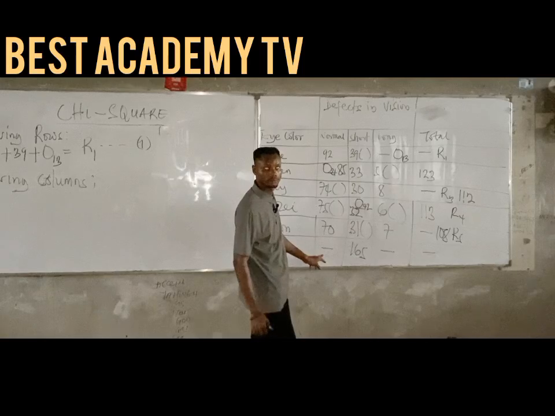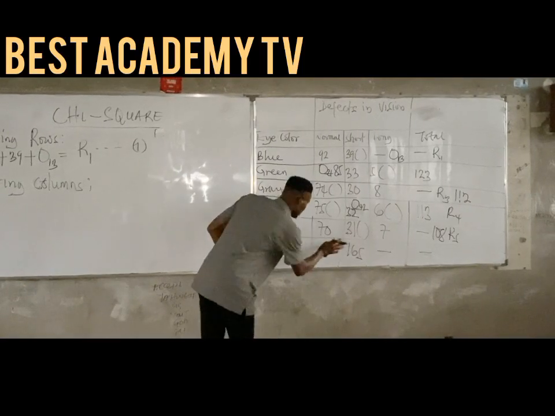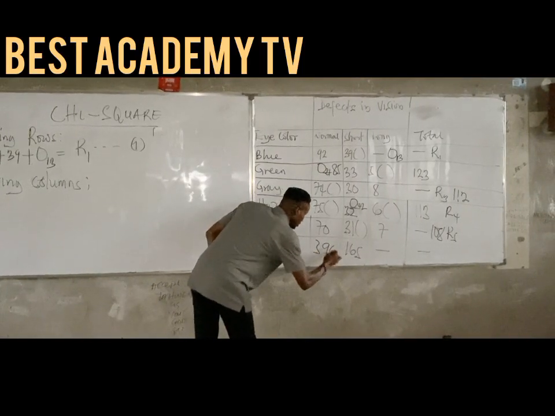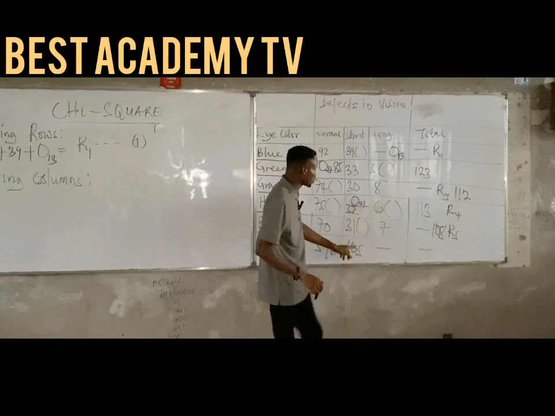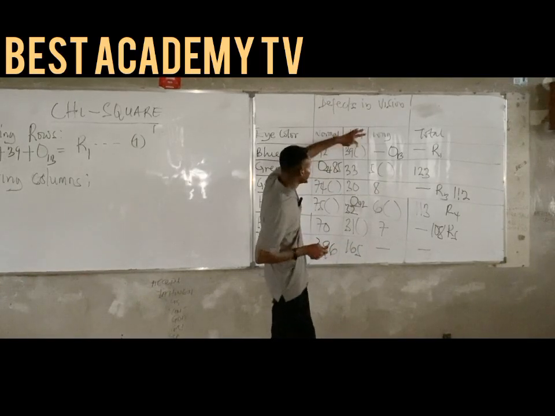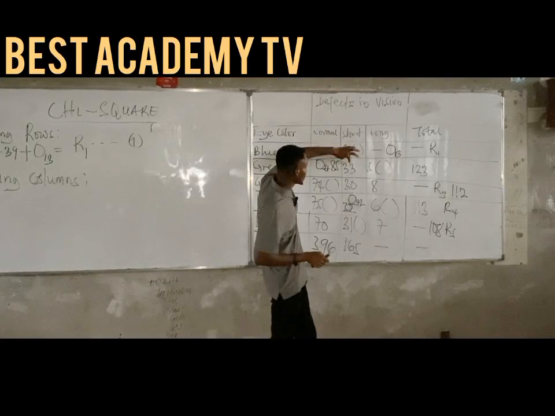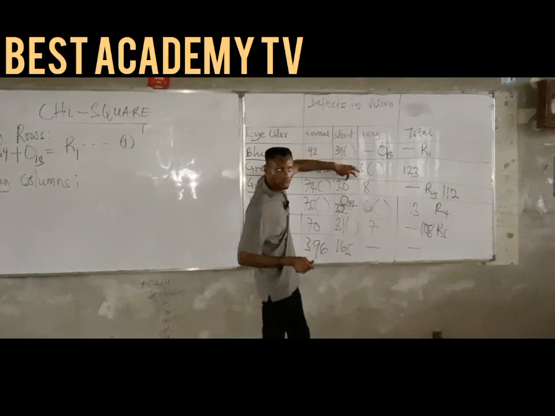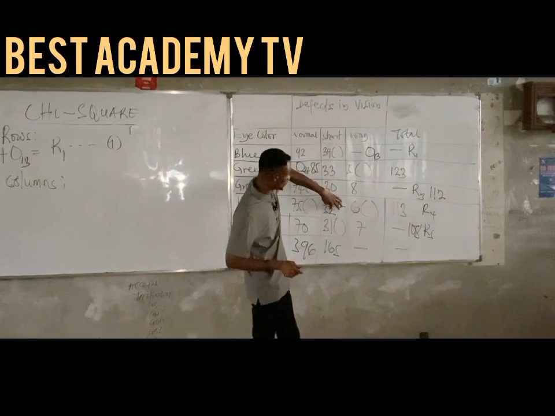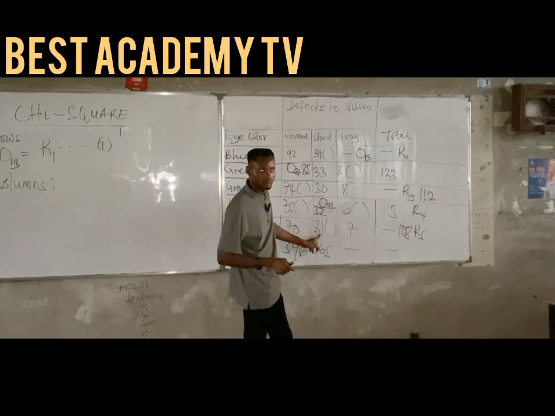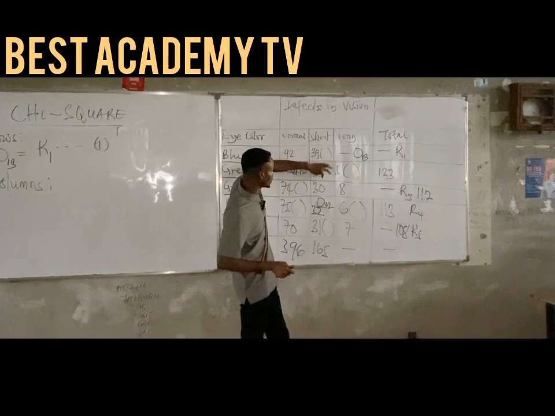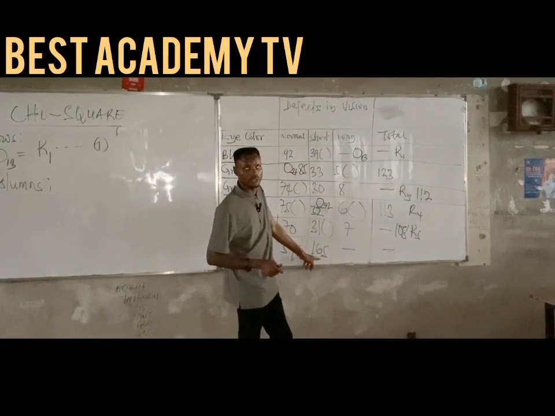What is the total here? 396. Of course, they gave us the total of this one, but let's confirm. 39 plus 33 plus 30 plus 32 plus 31. What is the answer, please?